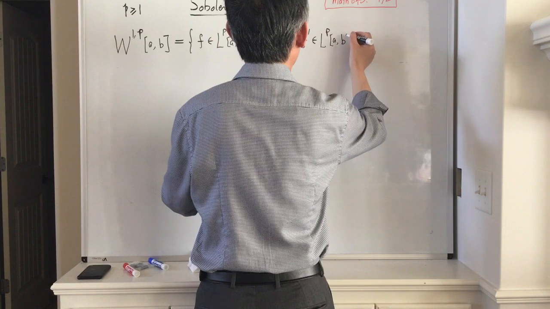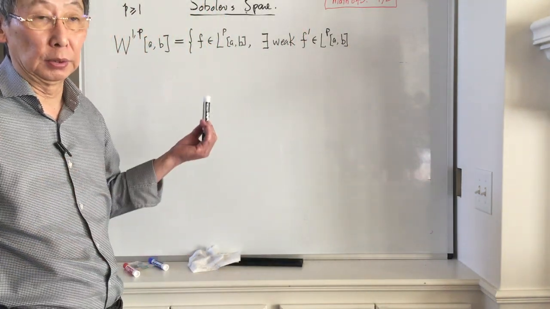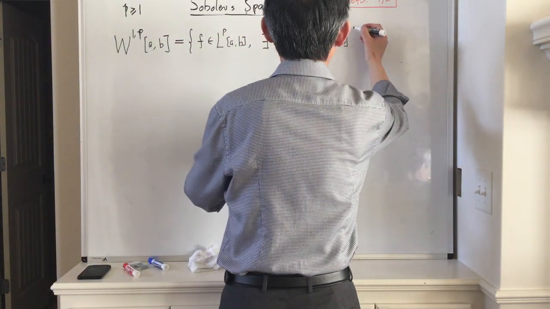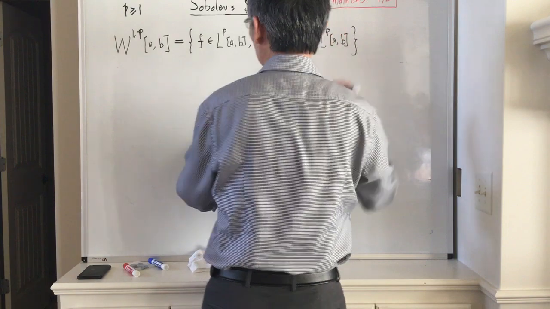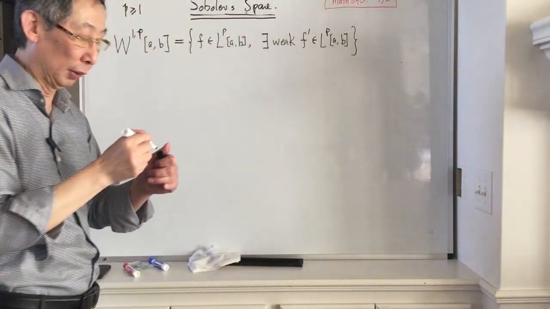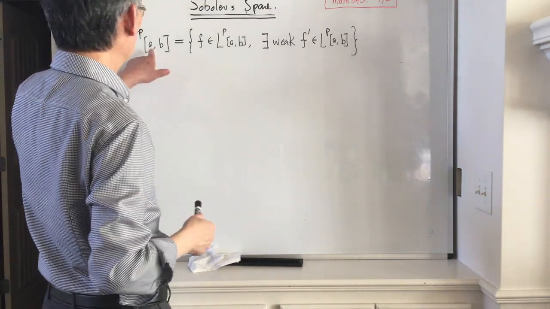When we say the weak derivative exists, it is basically maybe just an L1 function, right? But here we want it to be an L^p function. So I'm going to consider this space. This space is called a Sobolev space. Well, this is one of the Sobolev spaces, there are many, and this one is over the interval AB.